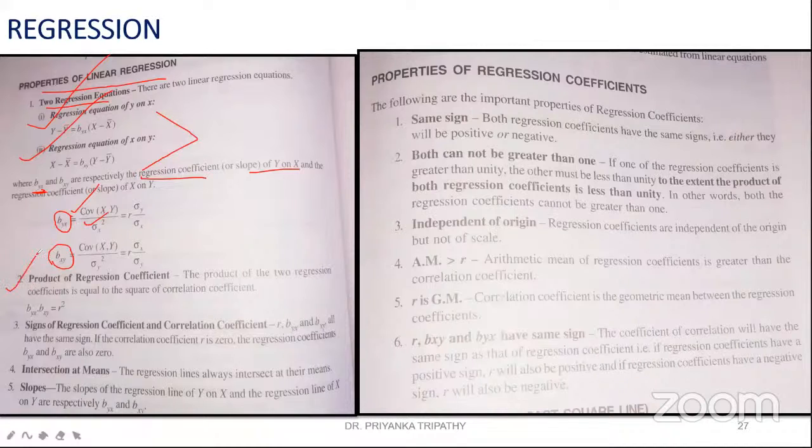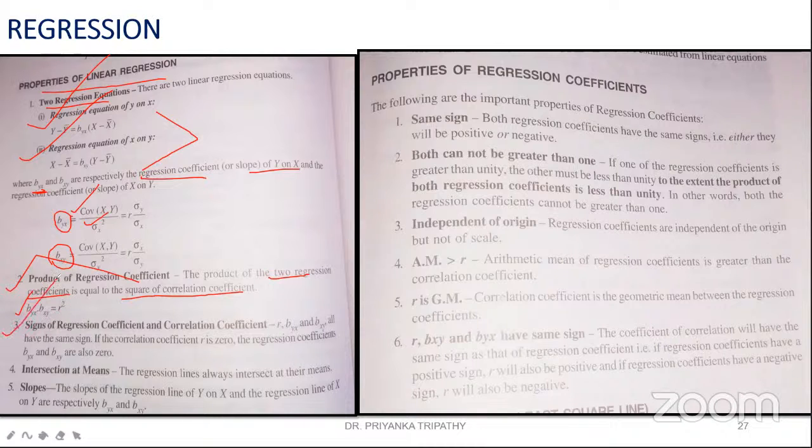Now, what is the product of regression coefficients? Always remember, the product of the two regression coefficients, byx and bxy, is always equal to the square of the correlation coefficient. Just remember this point. byx into bxy is equal to r square. It is mandatory.